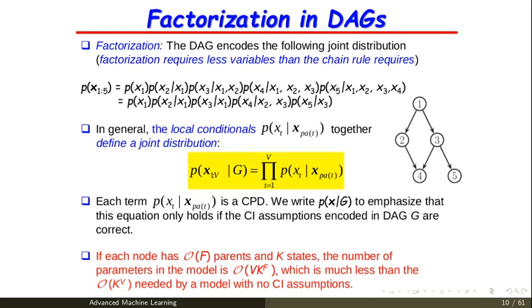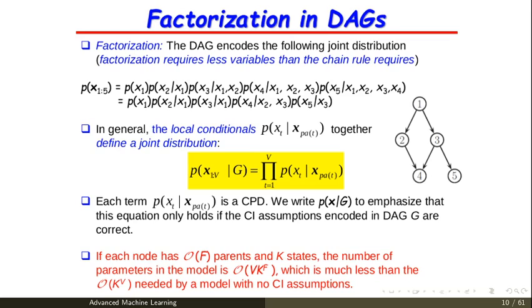Let the number of parents be f, then the cost will be k raised to f, and the total cost is v times k to the power f.